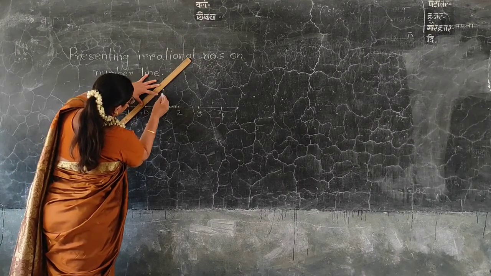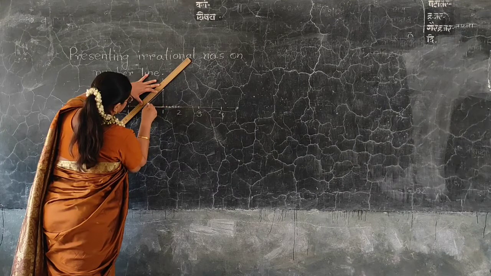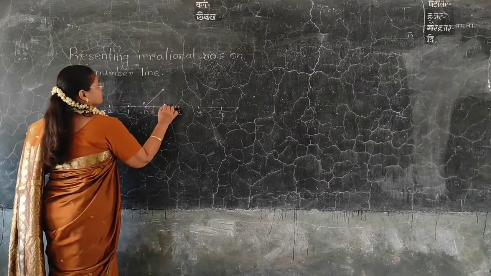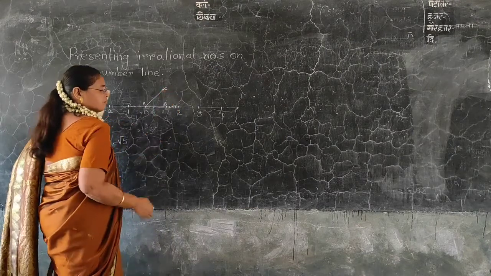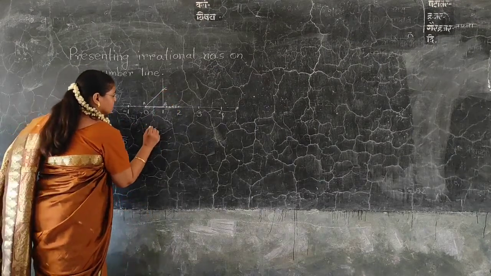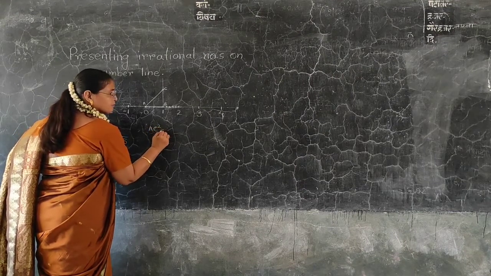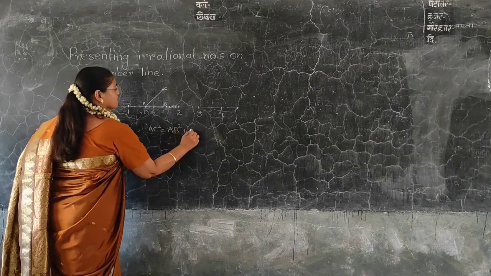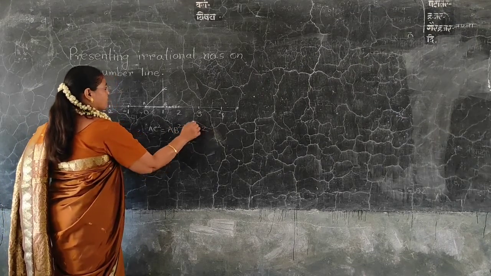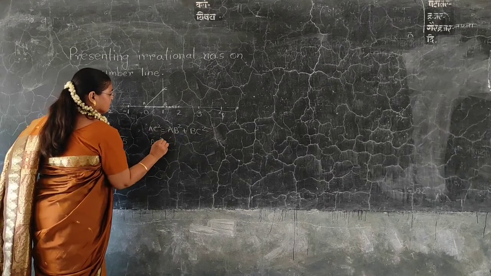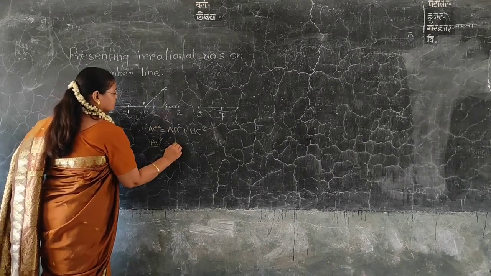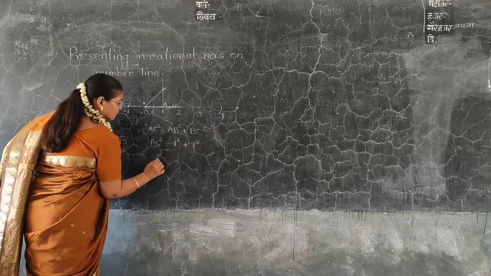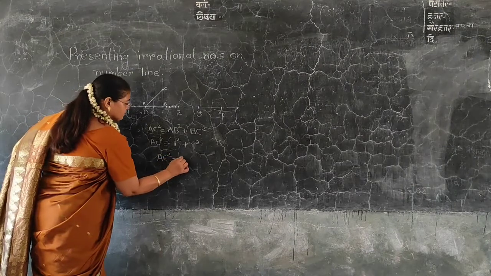So it is a right angle triangle, and if we name this A, B, C, then use the Pythagoras theorem. By Pythagoras theorem, AC square, that is hypotenuse square, is equal to AB square plus BC square. As we have taken AB 1 unit, it is 1 square plus 1 square, that is 1 plus 1, 2. So AC square equals 2.